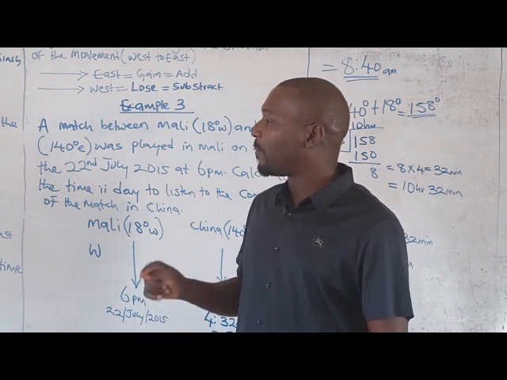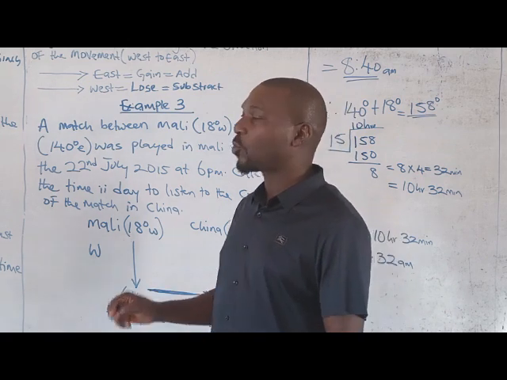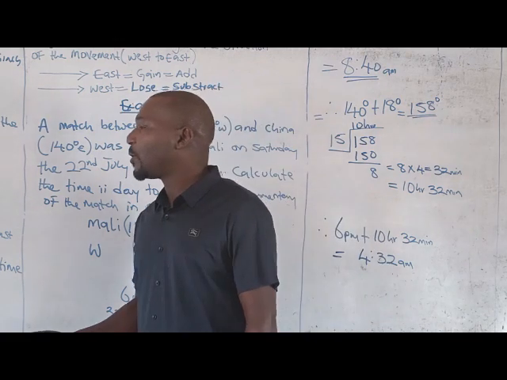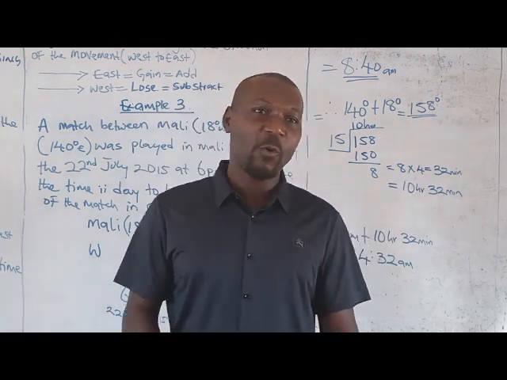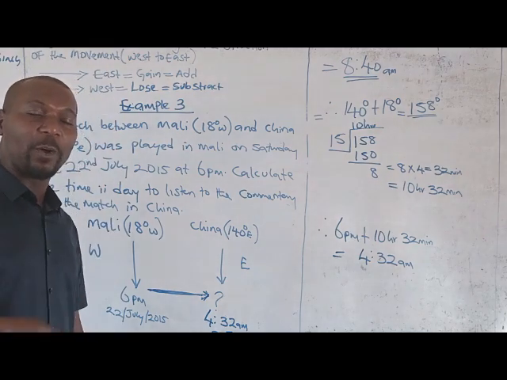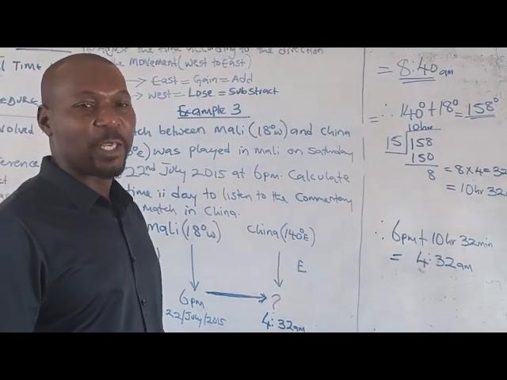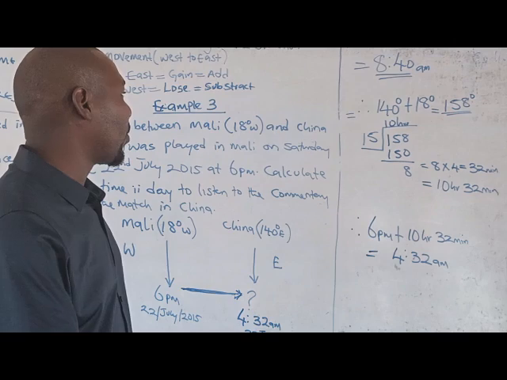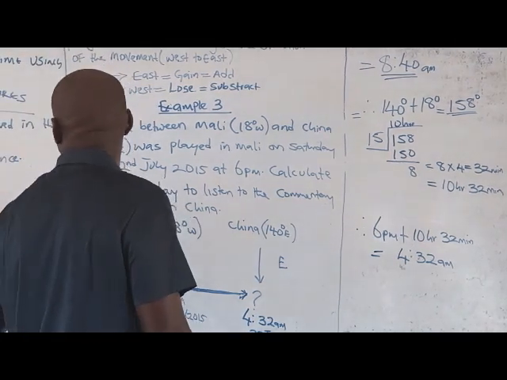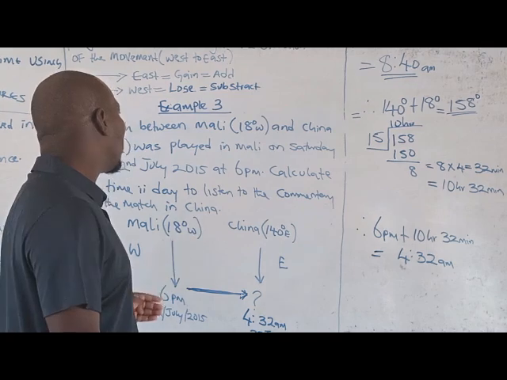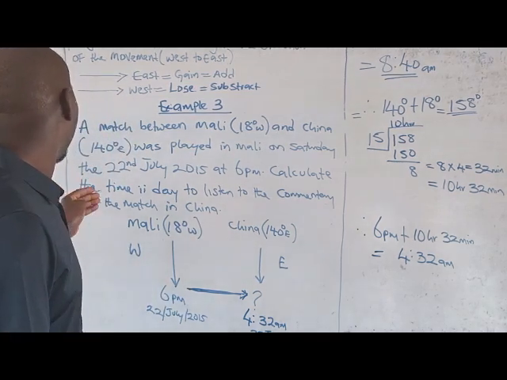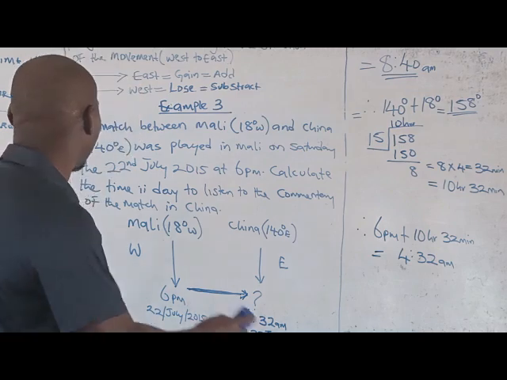But I want to be convinced that you have learned one or two things. So I'm going to give you a take-home assignment. I want you to do it, and when we come back we'll drop it in the comment section. When doing it, make sure that you follow these rules, and they will guide you in solving or looking for time from one country to another.